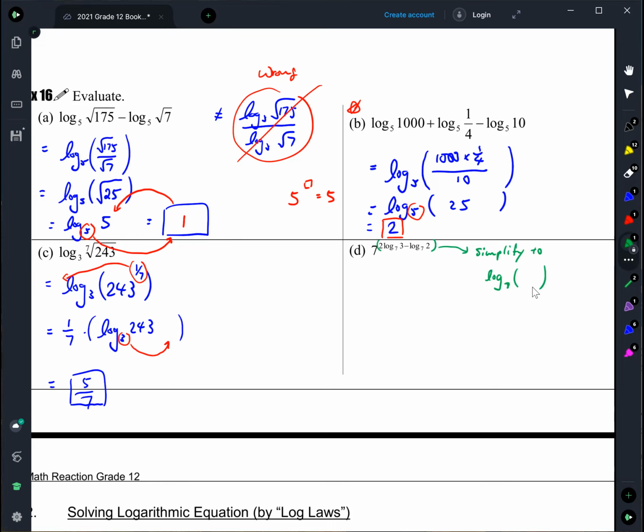Your final answer for the simplifying part will be a fraction inside, something over something.